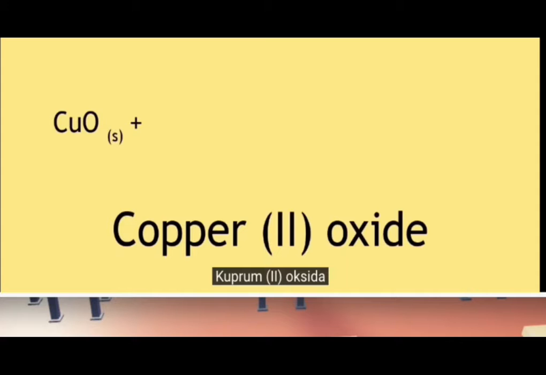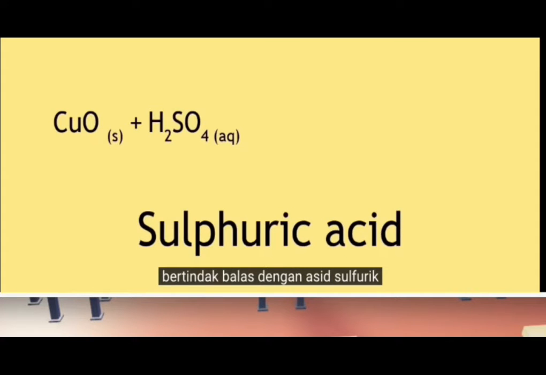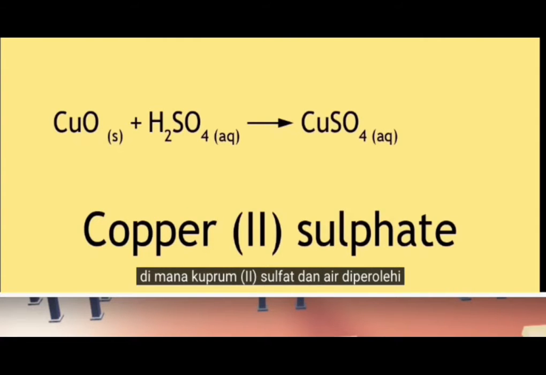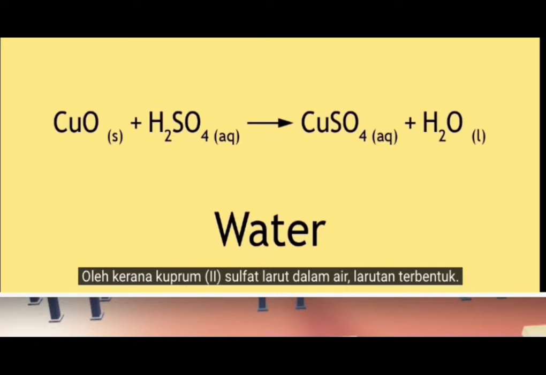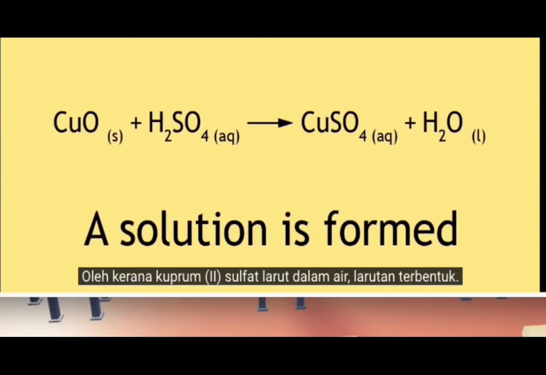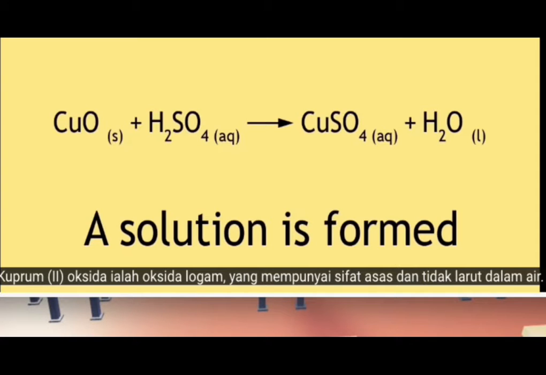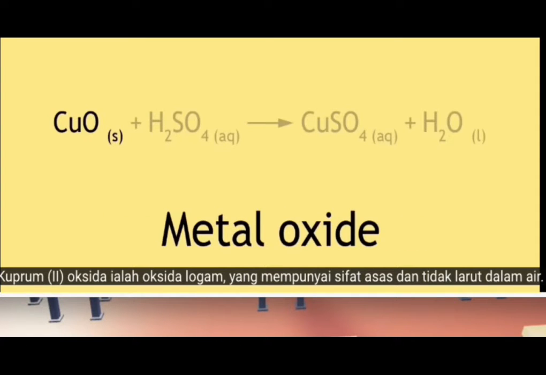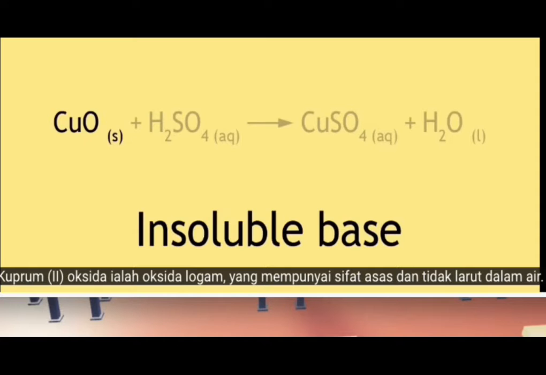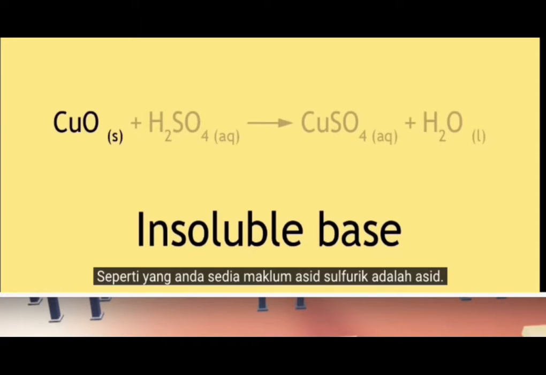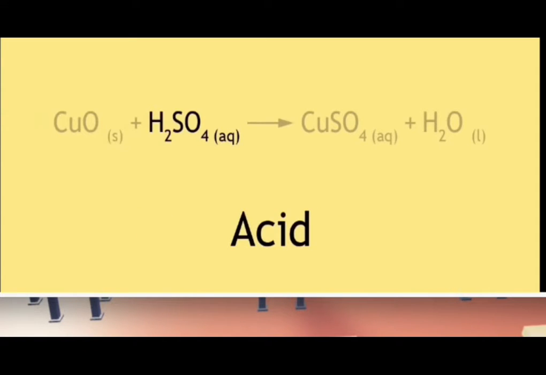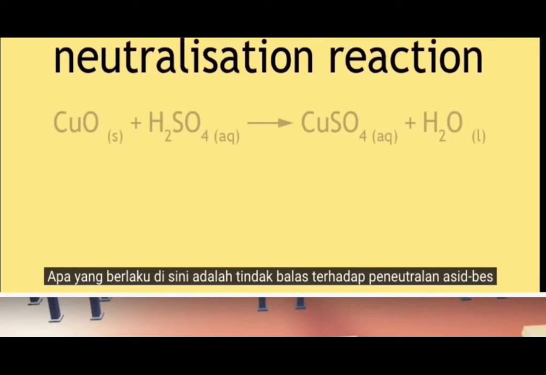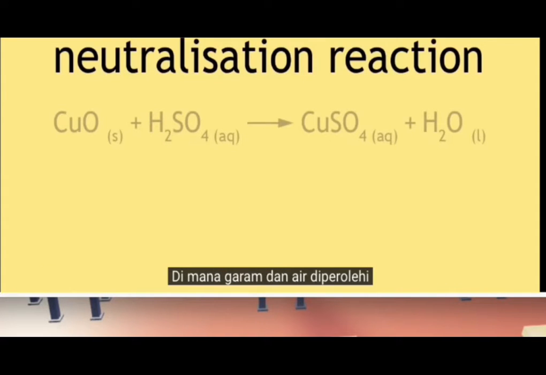Copper 2 oxide reacted with sulfuric acid to give copper 2 sulfate and water. As copper 2 sulfate is soluble in water, a solution is formed. Copper 2 oxide is a metal oxide, which is an insoluble base, and as you may already know, sulfuric acid is an acid. So what has happened here is an acid-base neutralization reaction where a salt and water have been formed.